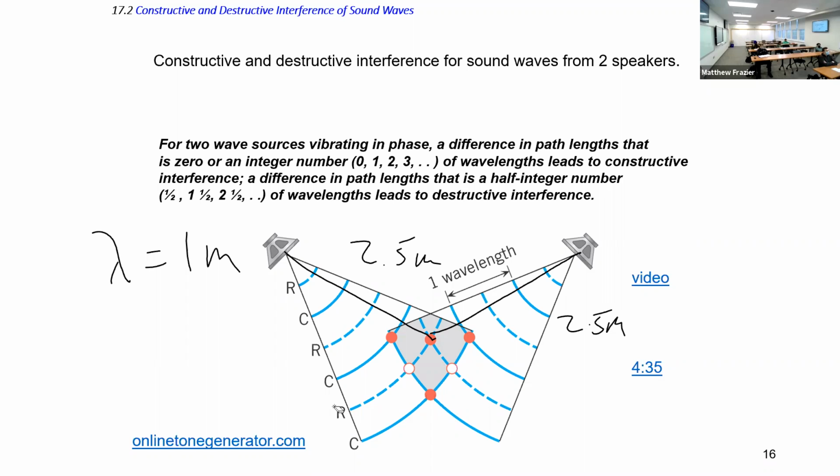If you have a point that is an odd half integer number, like 1/2, 1.5, 2.5, then the phase difference is going to be pi, 3 pi, 5 pi, something like that. It's going to be an odd multiple of pi. And that's going to lead to destructive interference. There is a formula for this. I am going to get to the formula.